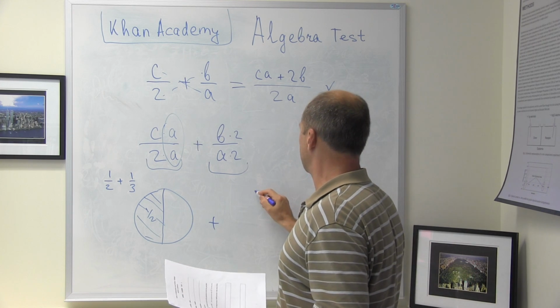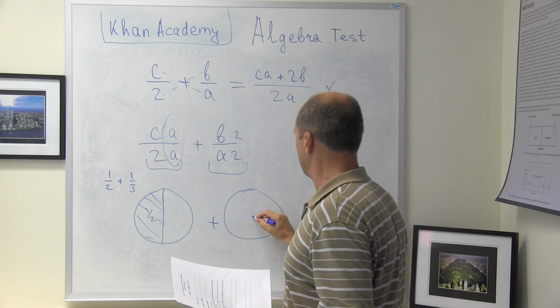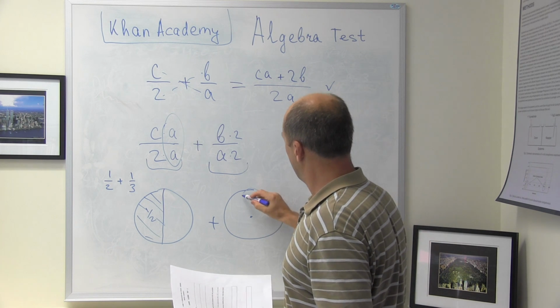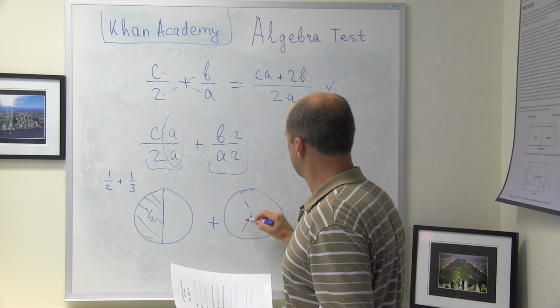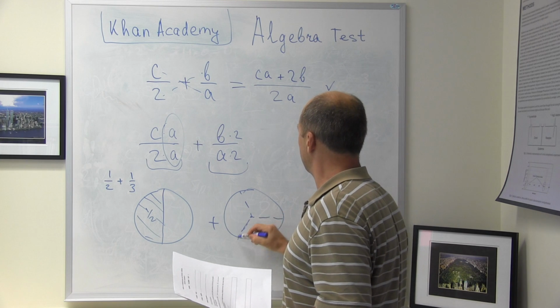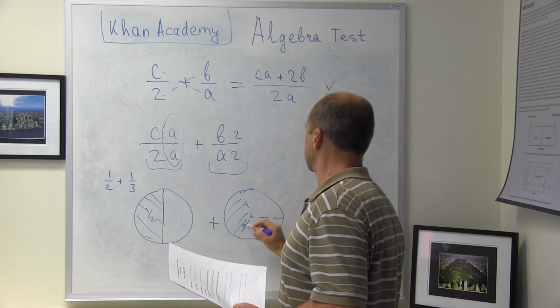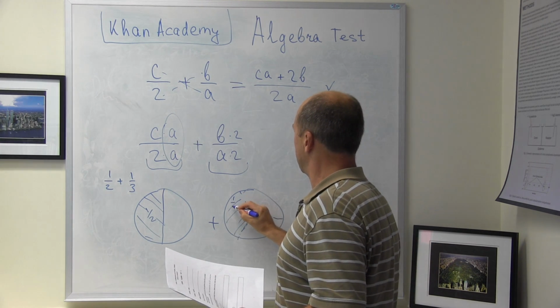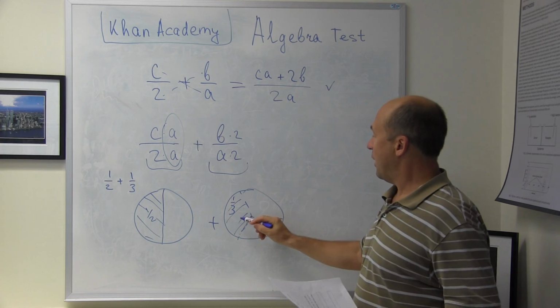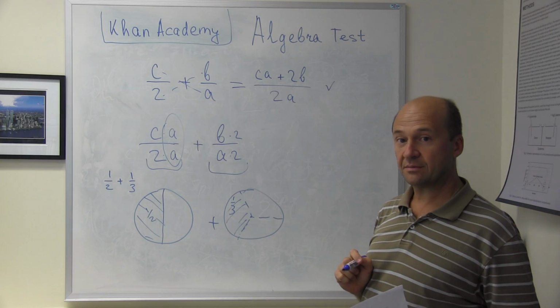So how could we represent a third? Quite similarly, we take the circle and we just divide it into 3 equal parts. Hopefully this is as equal as I need, and that will be a third of it.